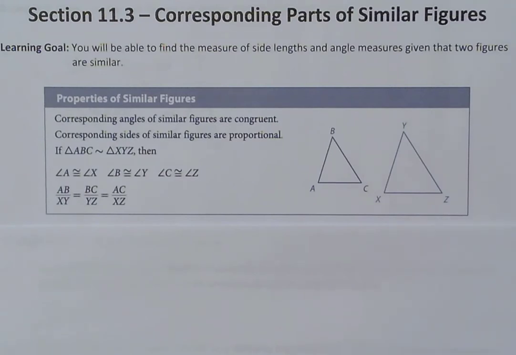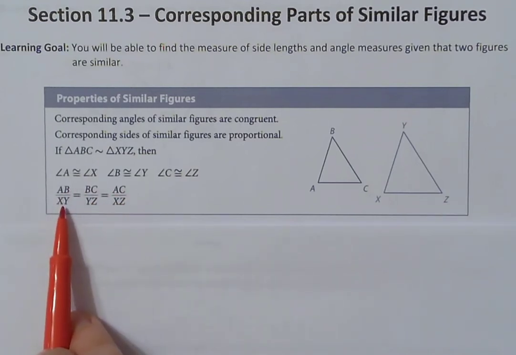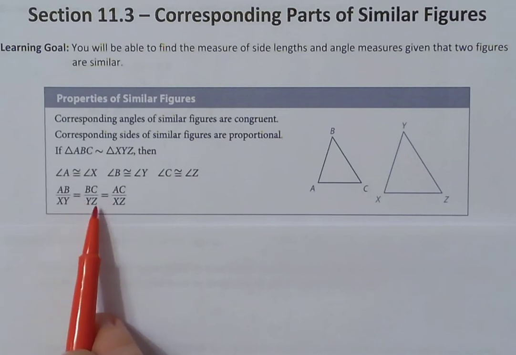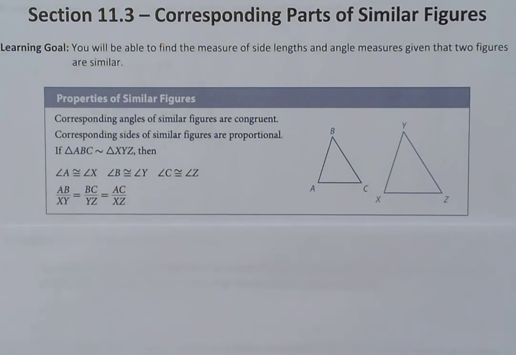So angles are congruent, side lengths are proportional, just like we have here. AB over XY equals BC over YZ equals AC over XZ. That's going to be similar to the dilations and figuring out that scale factor. So, keeping that in mind, we're going to move on to example 1.